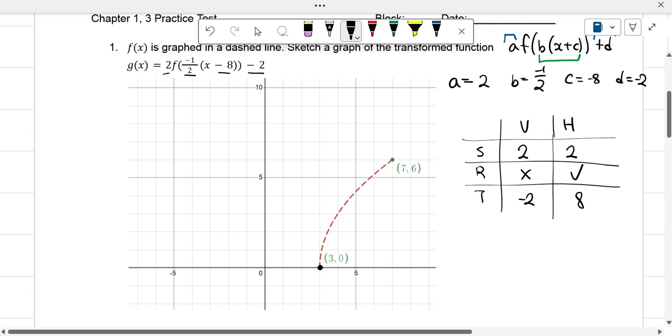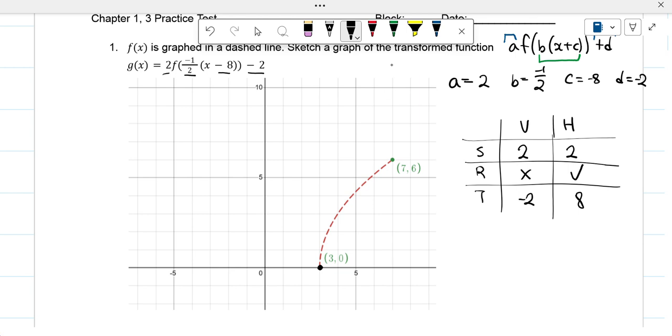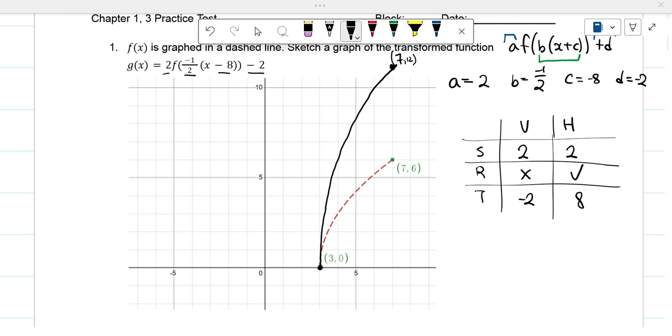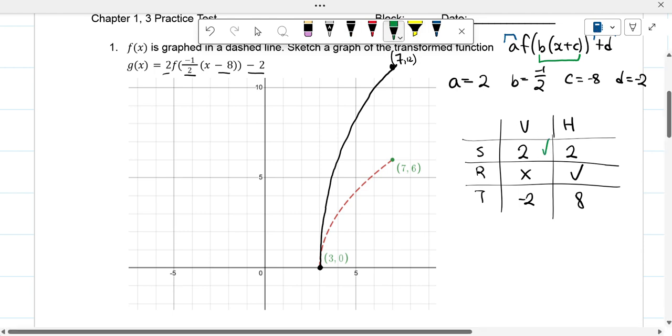But for (7, 6), the y value is doubled, which means that 6 becomes 12. So that's going to be (7, 12). If I roughly connect those 2 points together, I have successfully covered the vertical stretch.